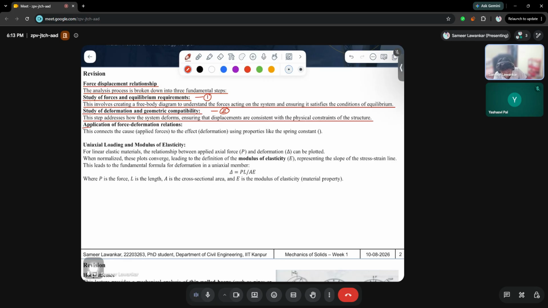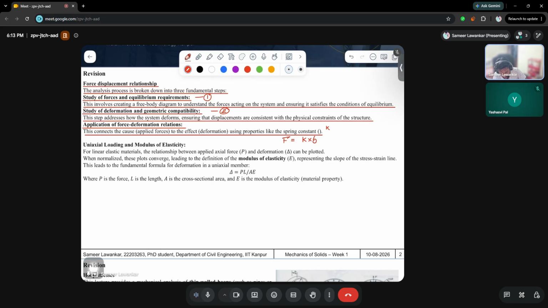The third is the application of force deformation relations, in which we connect the cause, that is applied forces, to the effect, deformation, using properties like the spring constant, K. For example, if you are working on springs, we use the equation directly, that is F equals K times delta. So this was the first concept.